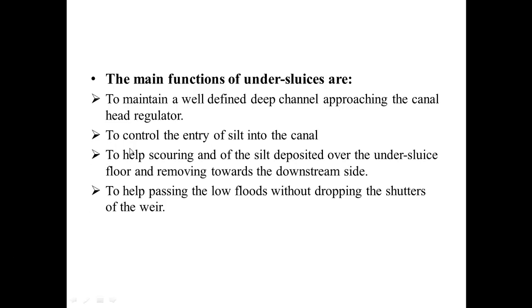Number 2, to control the entry of silt into the canal. These under sluices are constructed in a diversion headwork for the purpose of silt control, or to control the entry of silt into the off-taking canal so that clear water enters the off-taking canal.